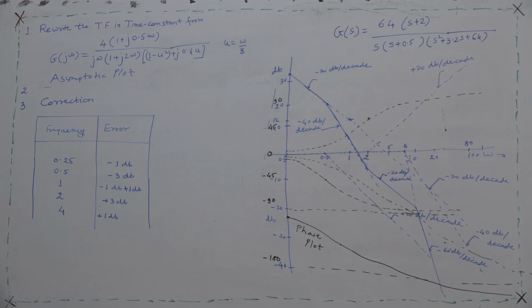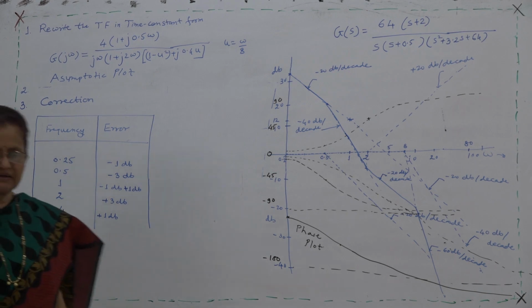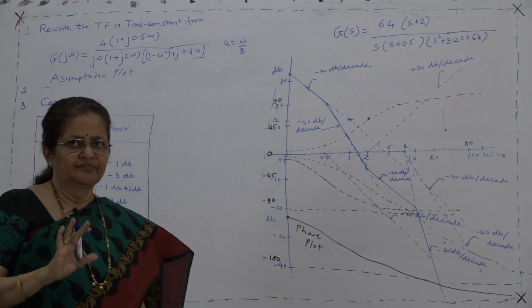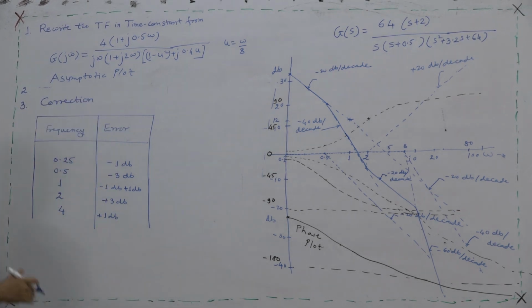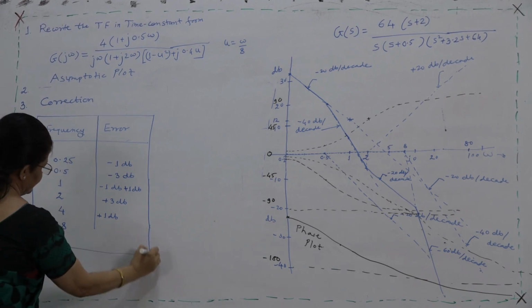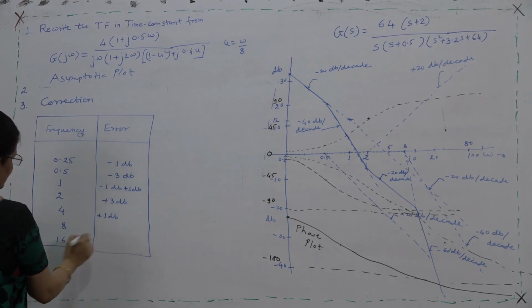Whether it is plus or minus will depend on whether the term is at the numerator or denominator. Okay. Next corner frequency is your 8. So, again similarly you take 8 and 16, double the frequency.